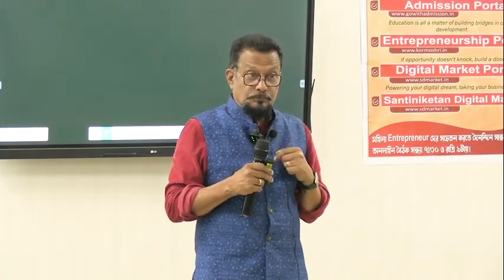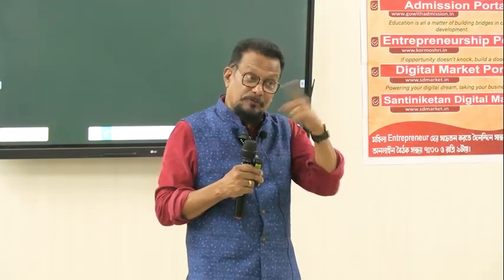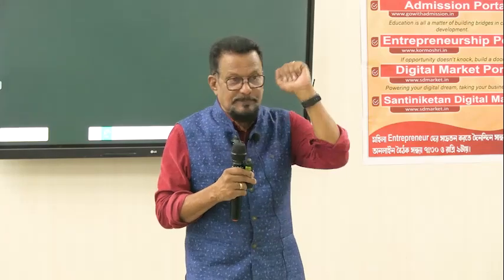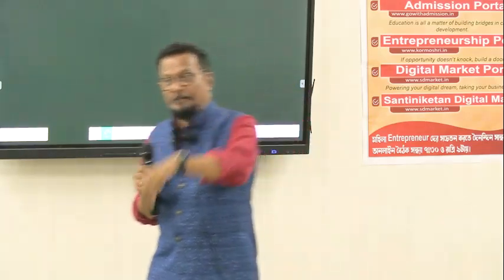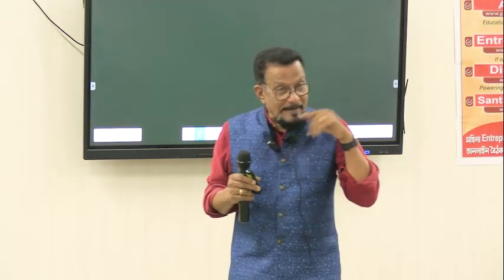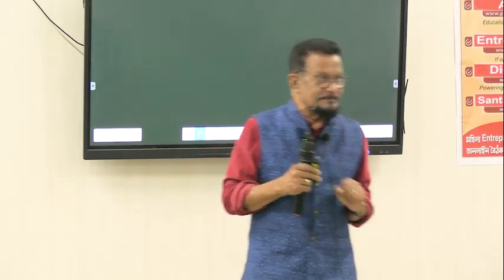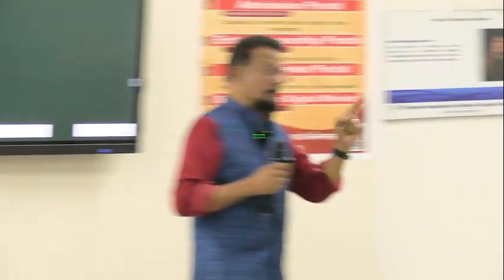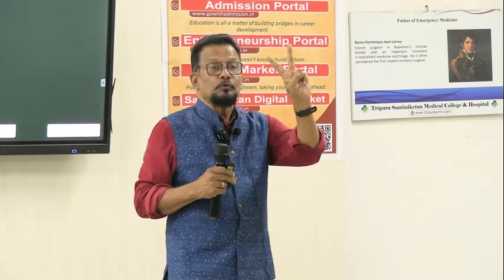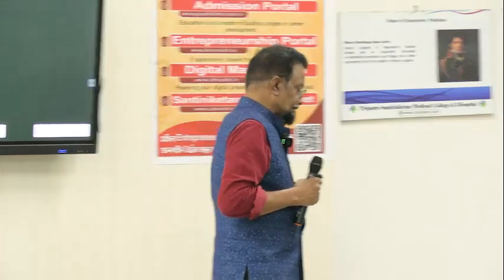Okay? So when I got the report, the mucosa had become atrophied. Again a question came to me: why has it become atrophied? What are the reasons? Remember, there may be two reasons.